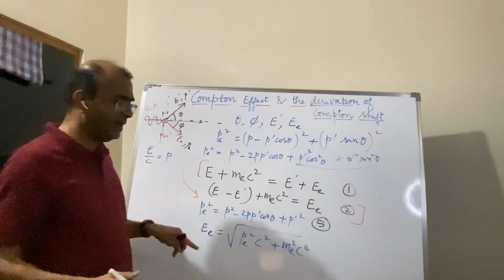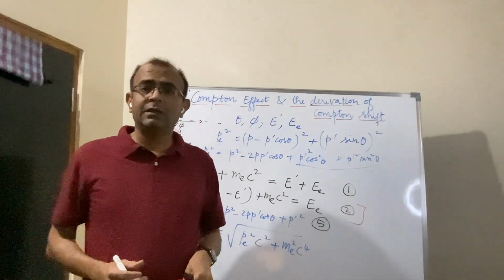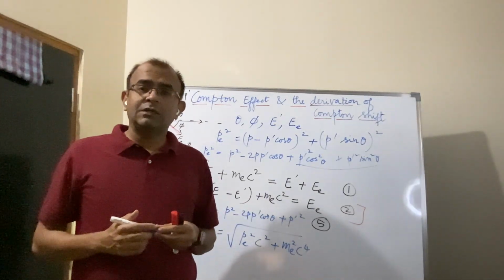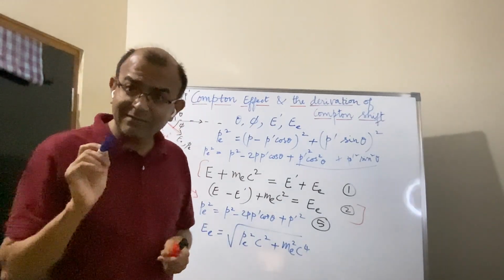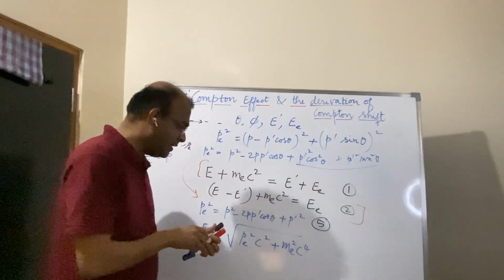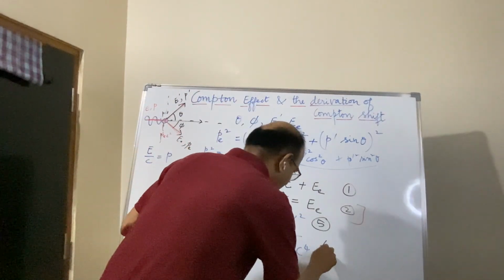So that will be the total energy of the electron relativistically. It's a relativistic expression. Let me also give a number to this expression, that is 6.